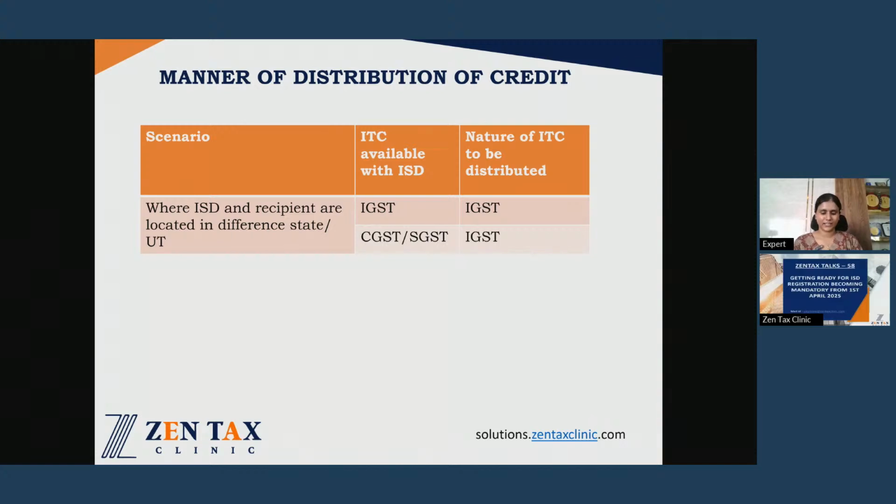In another scenario, in case the ISD has received any invoice as CGST or SGST, then they need to transfer the credit as IGST only. So this is the area where we need to be very careful. If the ISD and the recipient are located in different states and they are transferring credits, then even though they receive the CGST, SGST invoice, they need to transfer the credit as IGST.